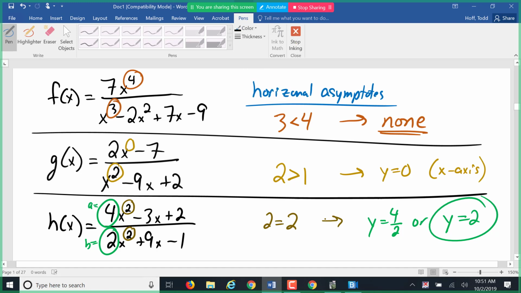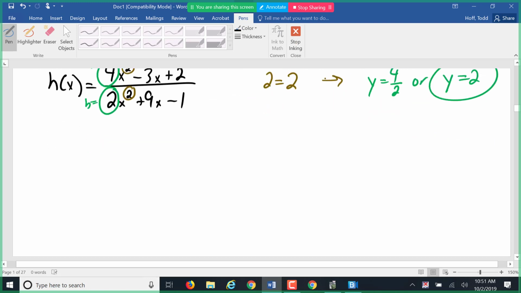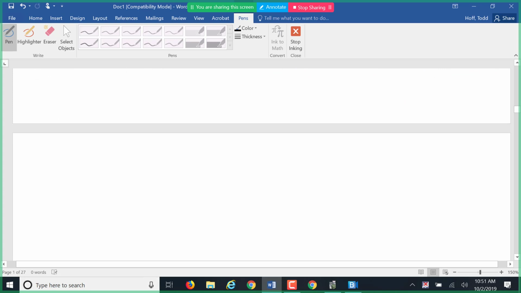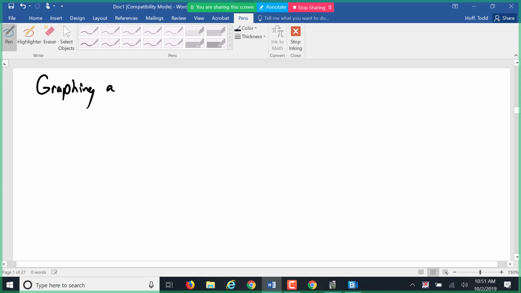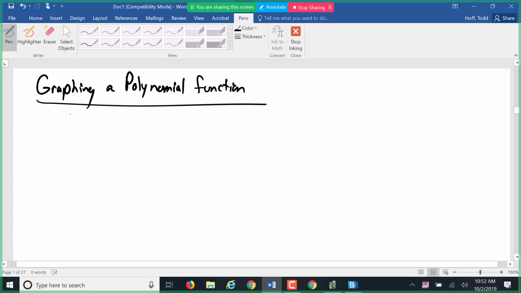So if I want to graph one of these rational functions, there are steps I'm going to take. Step 1, determine the symmetry.